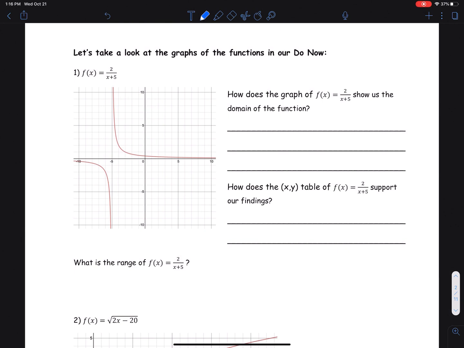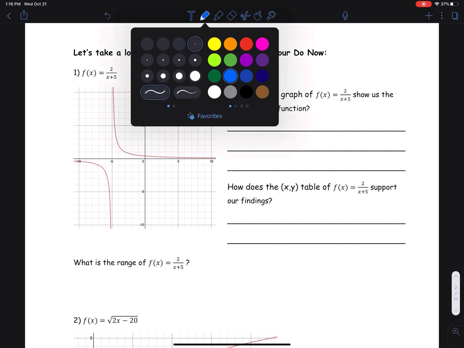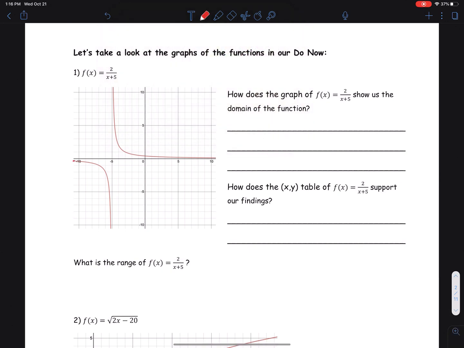So if we look at this, the red lines are our graphed equation. So it's going to look like this.